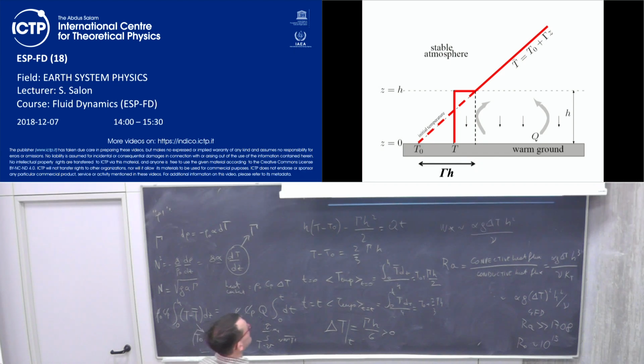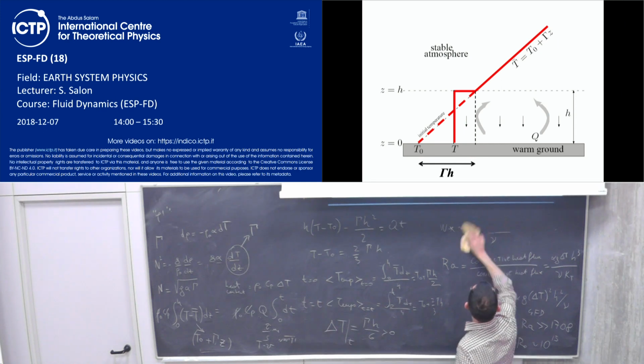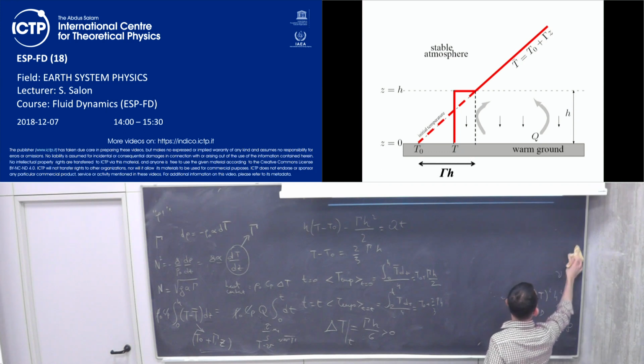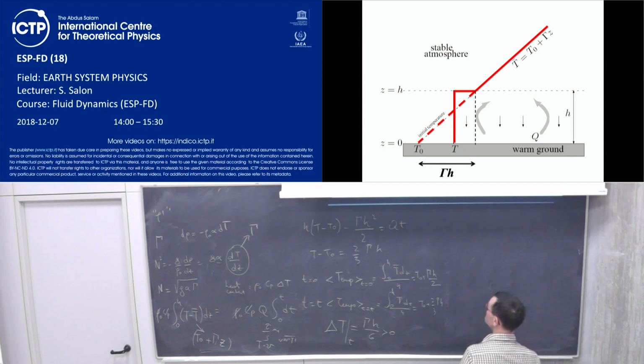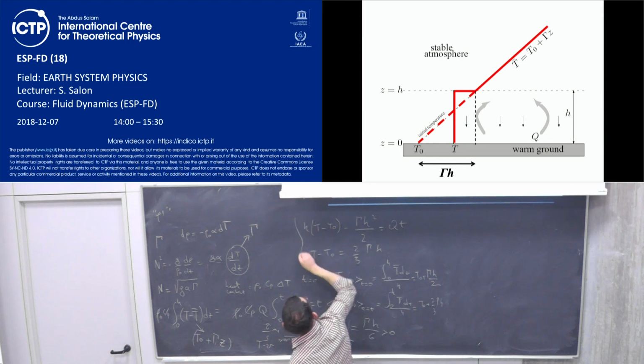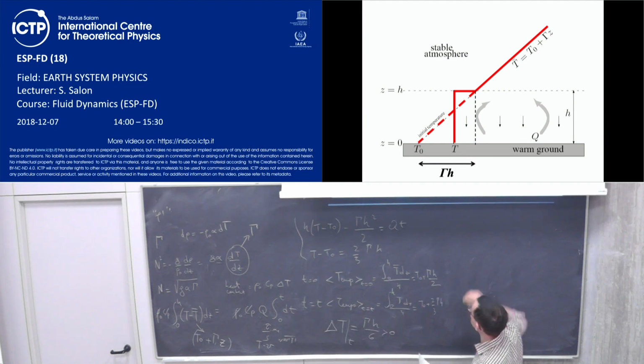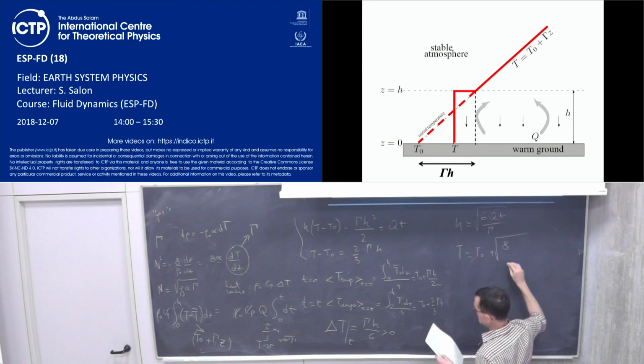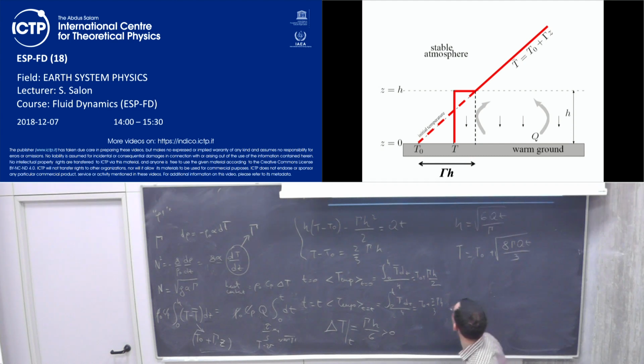So as a final step, what I can do is to solve my system from these two equations here, and what I obtain is that h is the square root of 6 Q t over lambda, and T is equal to T0 plus the square root of 8 lambda Q t over 3.